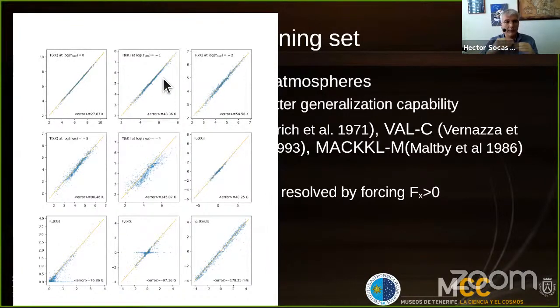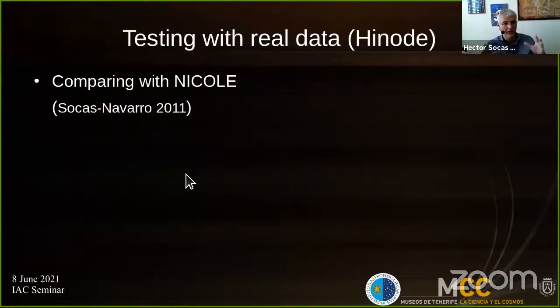We have information of temperature at different heights. And if you go to Hinode and you want to take a map with high resolution, and you want to compare, there's not a lot of previous inversions with traditional techniques that you can compare with.